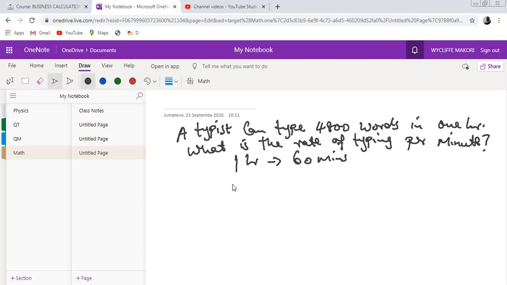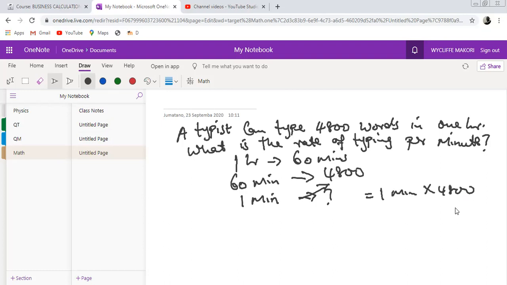If in 60 minutes the typist can type 4,800, what about 1 minute? If you cross multiply, it is 1 minute times 4,800 over 60 minutes.